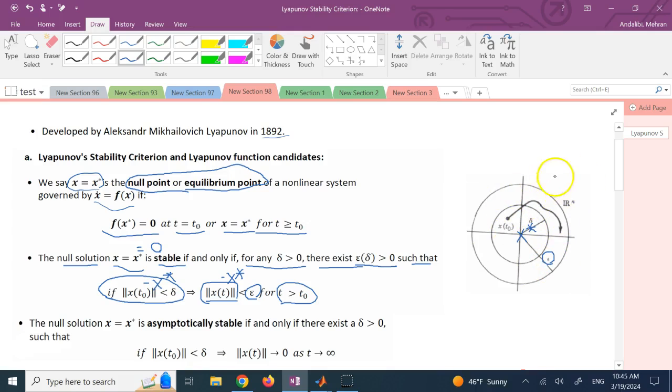In other words, the state of the system will always stay bounded and within some limits. Okay, so this is the stability in the sense of Lyapunov.